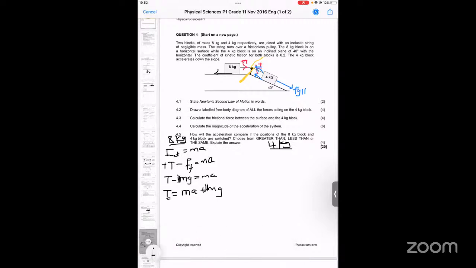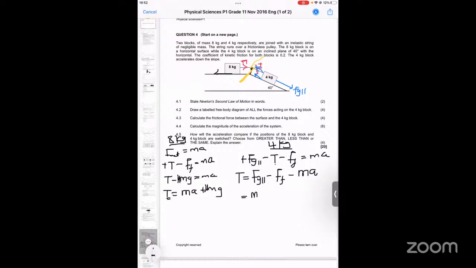Which is why, when you formulate, you will say it is positive FG parallel minus tension minus frictional force, which equals MA. Now what you're trying to do is to make T the subject of the formula. So you take T to the right hand side, it becomes T equals your FG parallel minus your frictional force that you already calculated, minus MA.